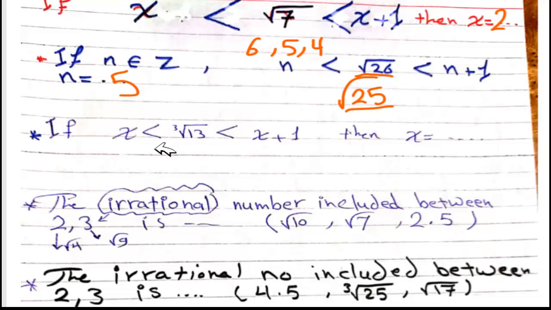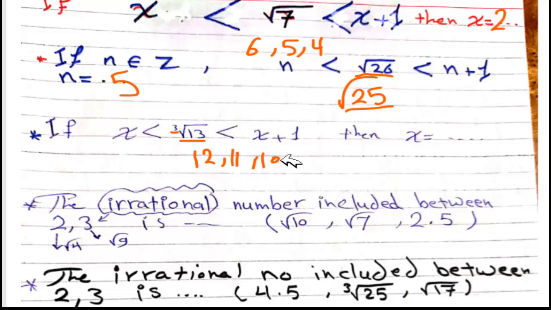Here the cube root of 13 is between this. Then x equals how many? Now I want to think about perfect cubes. Before 13 you have 12. Is 12 a perfect cube? No. 11? No. 10?